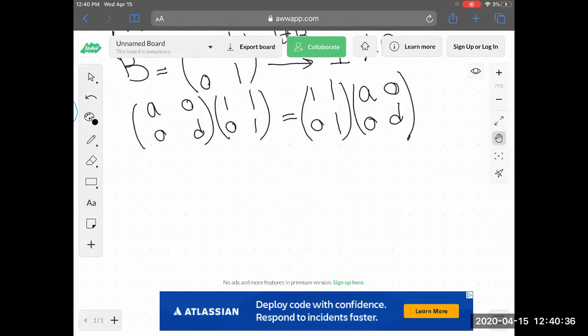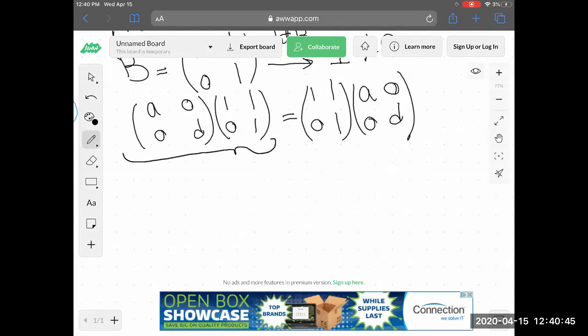Let's do this computation. I just have a question. How are you getting the [1, 1; 0, 1]? I kind of randomly chose that matrix. The only thing I had in mind was that I want the determinant of this matrix to be non-zero. And I'm quite sure if you choose another matrix, it would work perfectly fine.